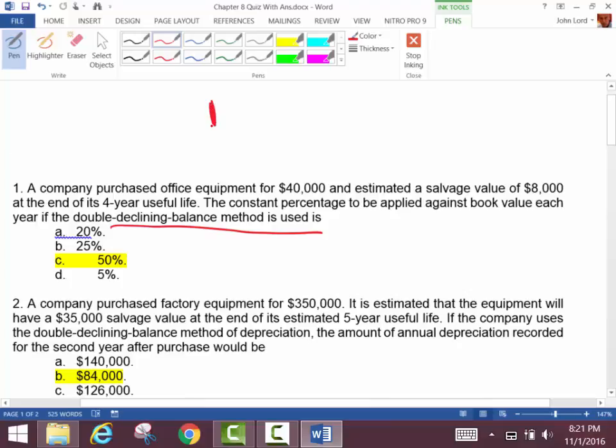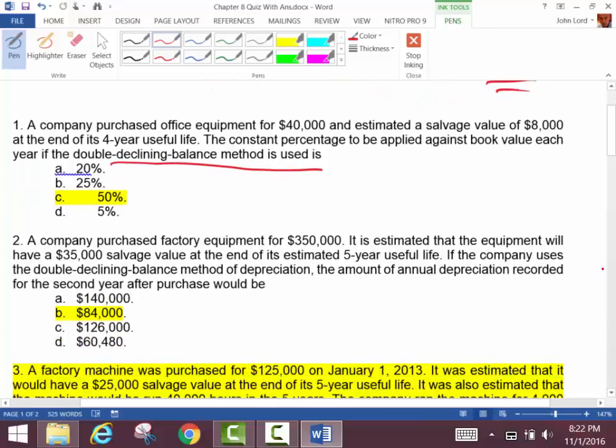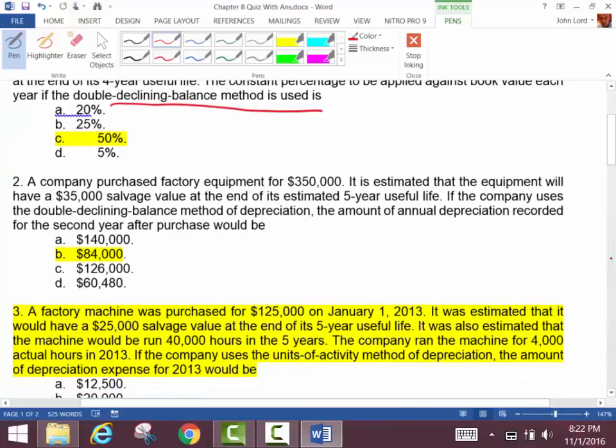Straight line is 1 divided by 4, isn't it? So straight line would have been 25%, and if I'm using double declining balance, that's double the straight line, or 50%. Okay, good.